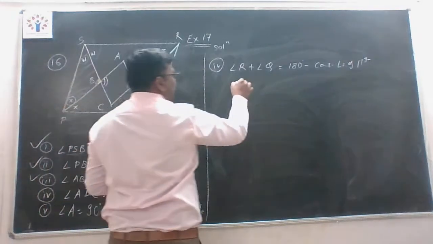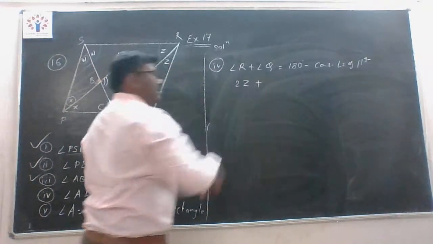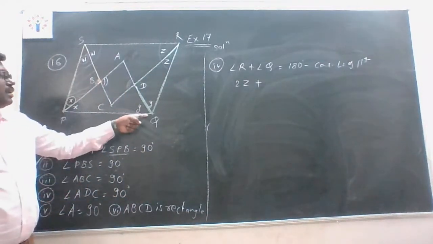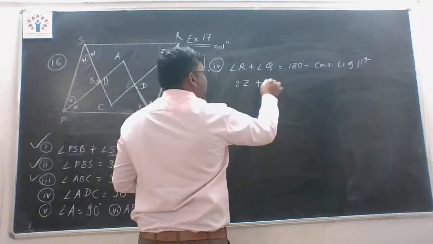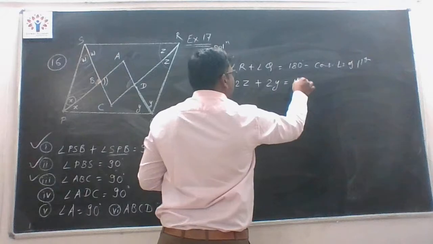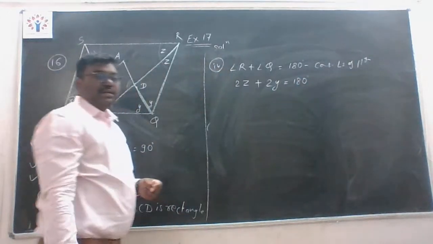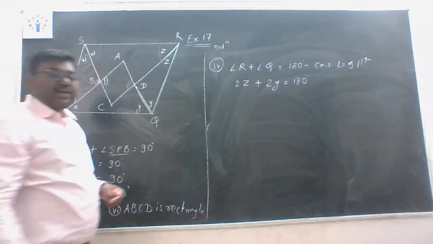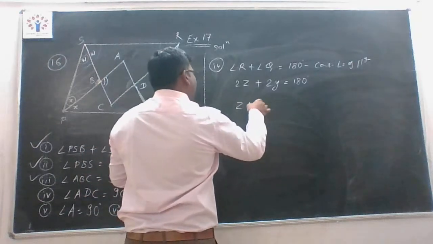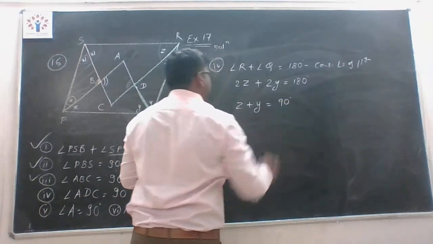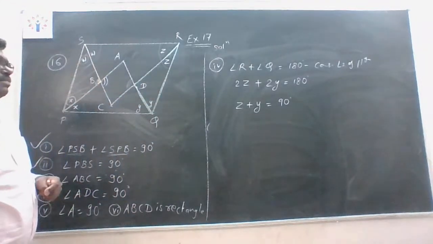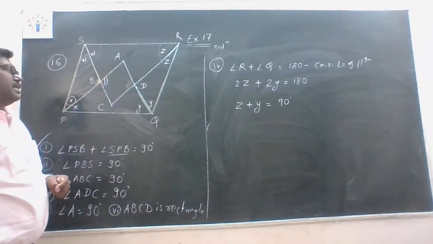Z plus Z, we can write 2Z. Angle Q means what? Y plus Y, that is 2Y, which equals 180 degrees. Divide the whole equation by 2. So when we divide the whole equation by 2, it becomes 90 degrees. Okay. Z plus Y will become 90 degrees.